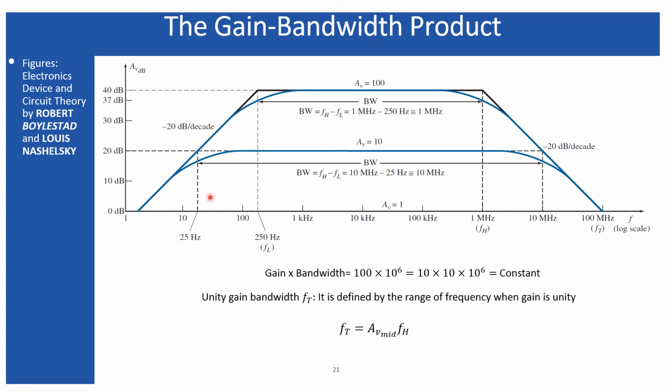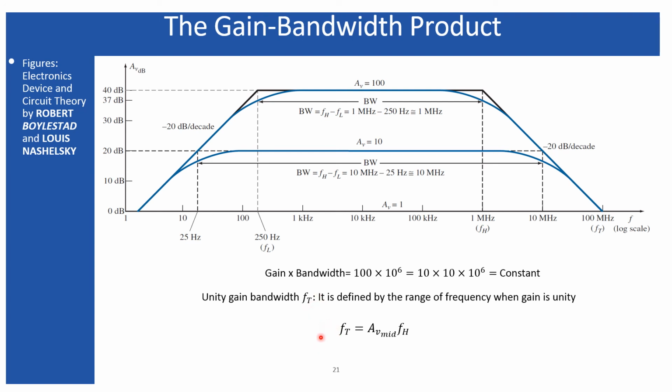And this change takes place asymptotically as shown over here. Unity gain bandwidth is another important factor we consider, because unity gain bandwidth means the bandwidth when gain is unity. Obviously when gain is unity, or 1, the bandwidth the device should have is the maximum one, and that is denoted as ft.